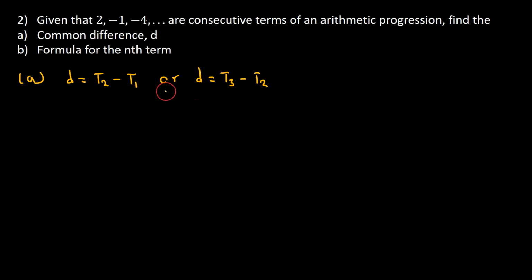It will be the same common difference no matter which one we use. So I'll go with the first one. d equals our second term, -1, minus 2. So what is -1 minus 2? This gives us -3. So -3 is our common difference.